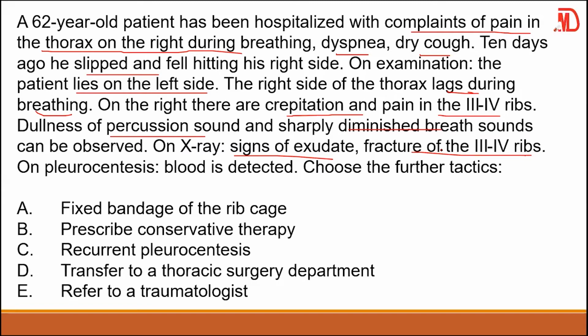So pneumothorax coming with all these fractures and things like that, you have to take care of the lungs very well. So you have to open up and attend to the patient. Even said the puncture blood is detected. So choose further tactics. Open up. So your answer is D: transfer to a thoracic surgery department. We discussed this the last time we met. So this shouldn't confuse us.